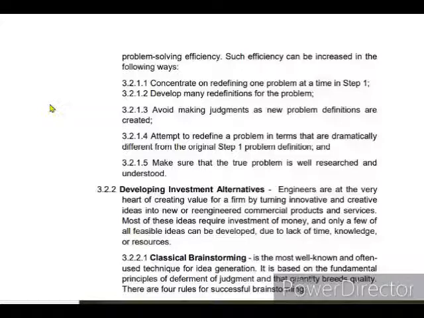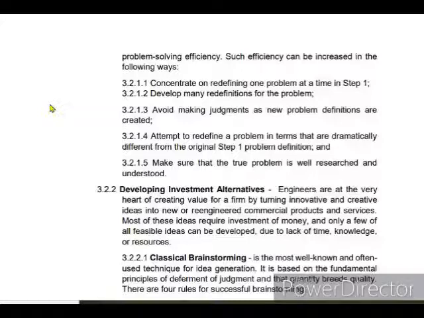So you should be cooperative. So 3.2.1, these are the ways that we can increase our efficiency. So concentrate on redefining one problem at a time. So we should concentrate on the problem one at a time, so that we can focus on that problem.